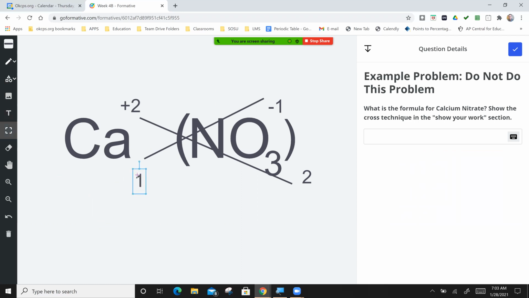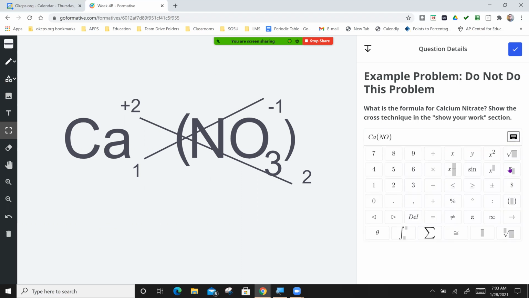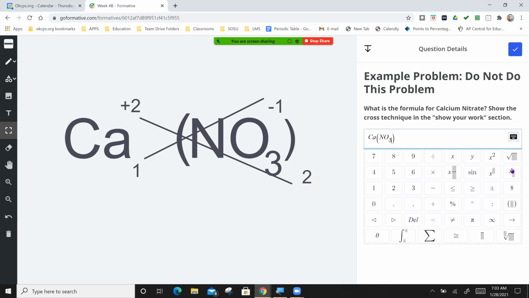So now all you have to do is write what you see in your picture. And in your picture, you see that you have 1 calcium. And then you have a parentheses, NO. Now make sure you subscript the 3. Subscript 3. All right, and then you can come back out. And then you're going to leave that parentheses.